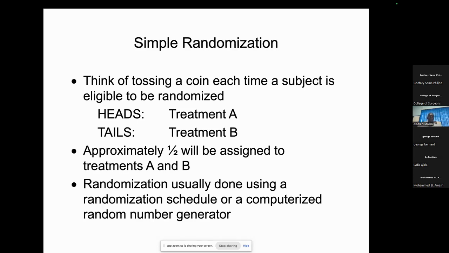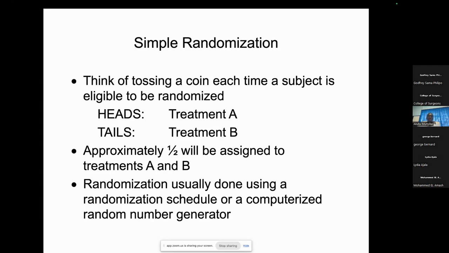There is simple randomization that can help us to further understand this. So we think of the tossing of a coin. Each time a subject is eligible for randomization, you toss a coin. If you end up with heads, that patient goes to treatment A. If you end up with tails, that patient goes to treatment B. This is a simple randomization.